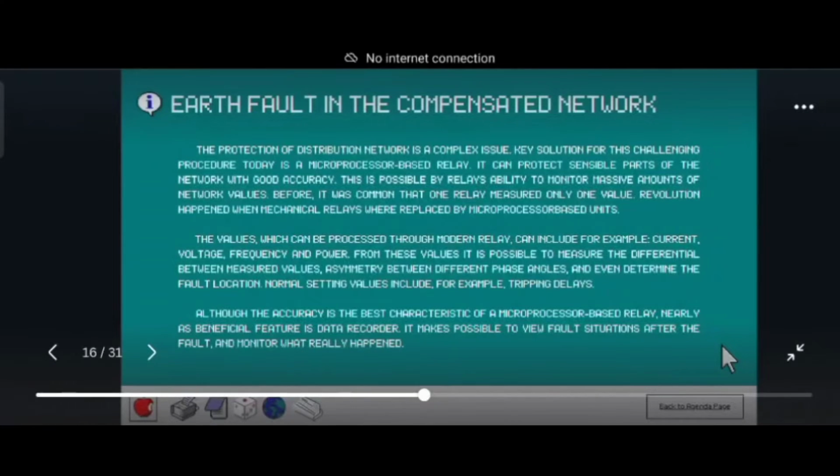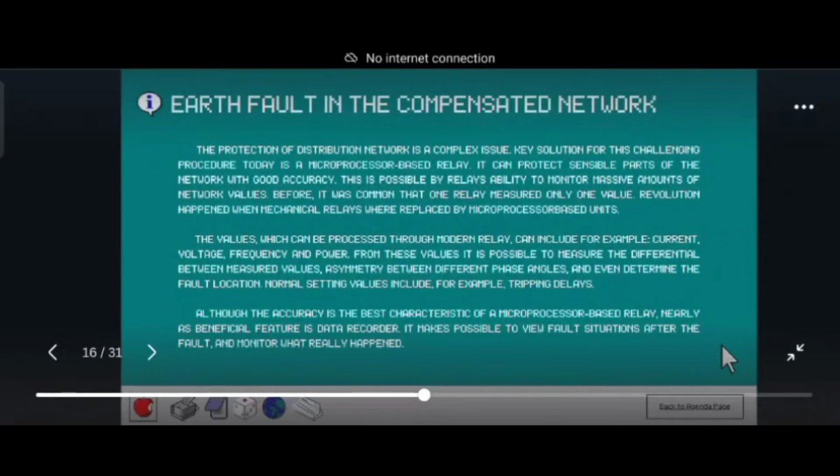The values which can be processed through a modern relay include, for example, the current, voltage, frequency, and power. From these values, it is possible to measure the differential between measured values, asymmetry, or between different phase angles, and even determine the fault location.